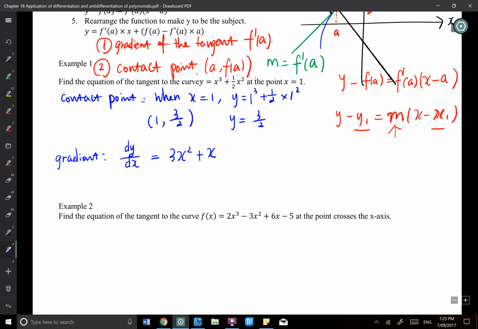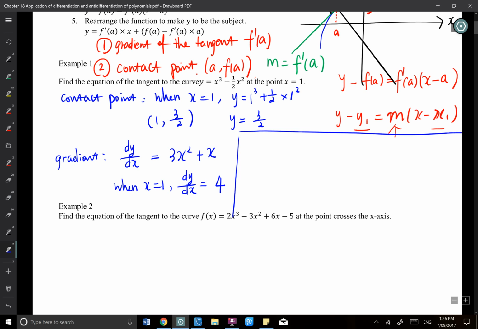When x equals 1, it's f dash 1, so the gradient equals 3 times 1 squared plus 1, which is 4. Therefore the line passes through (1, 3/2) and has a gradient of 4.